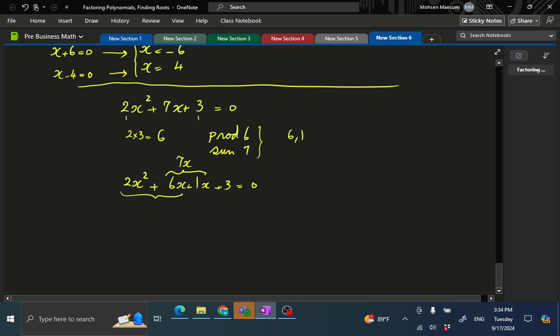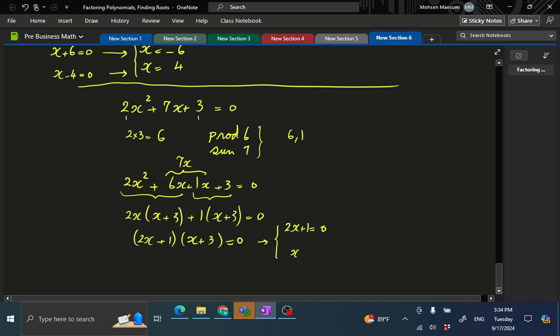Then you do factorization by grouping. From the first two terms, I can factor 2x out of it, leaving x plus 3. And for the last two, there's a factor of 1. Then x plus 3 is the common factor, so I write x plus 3 times 2x plus 1 equal to 0. So when that is the case, I'll have 2x plus 1 equal to 0, or x plus 3 equal to 0.